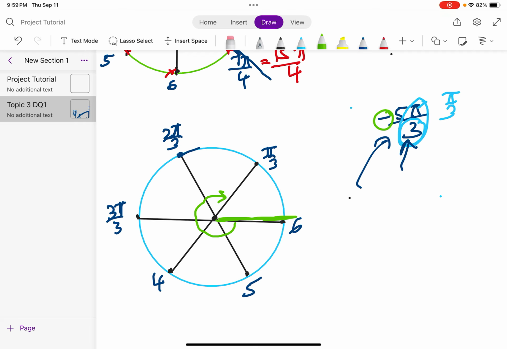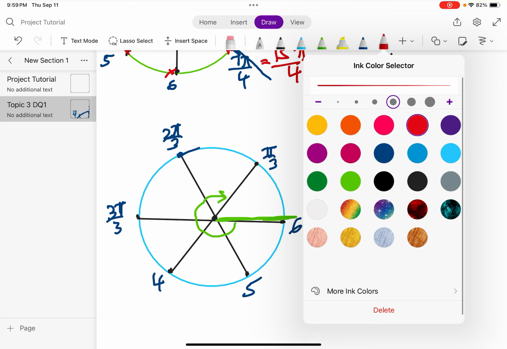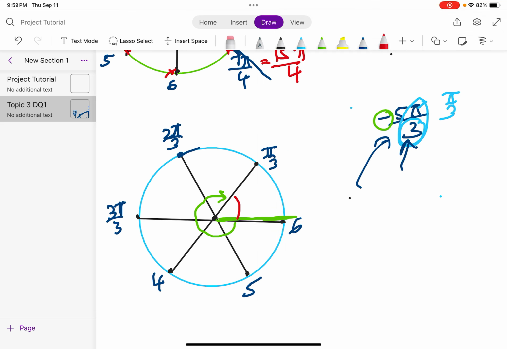Okay, what is the coterminal angle? Well, it's just another angle that would land on the same location. What about this? This is the coterminal angle. This one I do counterclockwise, so it's positive. How much rotation did I just do? Exactly 1 pi over 3. So pi over 3 is a coterminal of negative 5 pi over 3. Again, I don't need to do the math. It's clear from the graph.